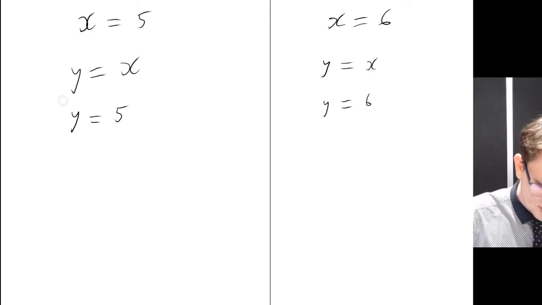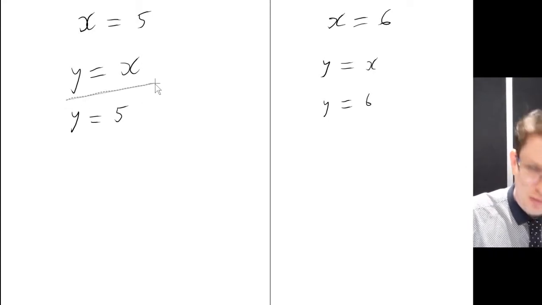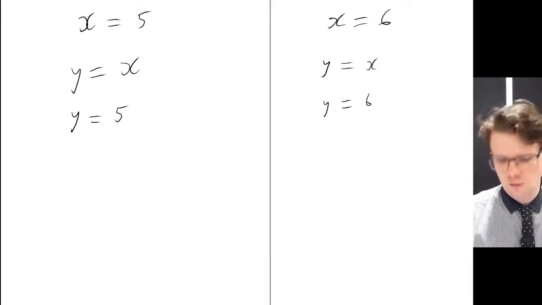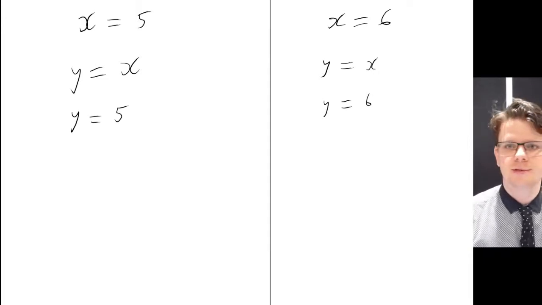But it just means y is equal to x. They're the same. When x equals 5, y equals 5. When x equals 6, y equals 6. When x equals 2.8 billion, y equals 2.8 billion. Doesn't matter how complicated it is, they are equal, always and forever.